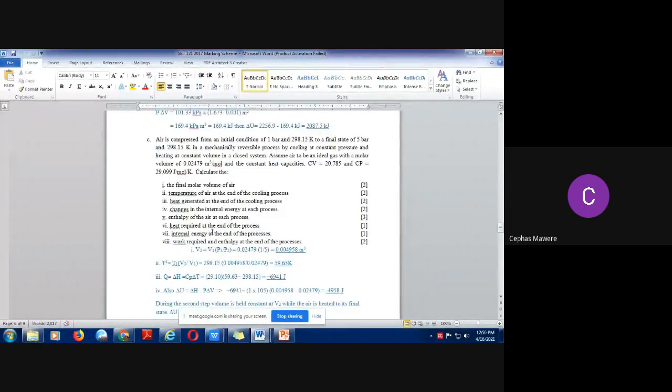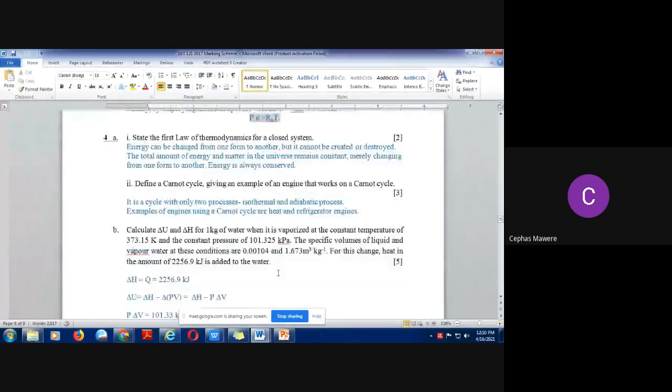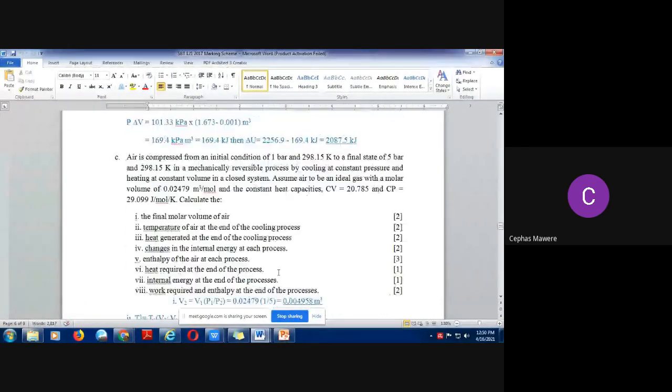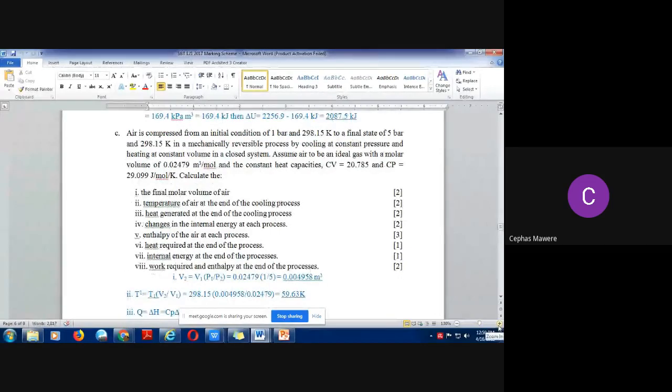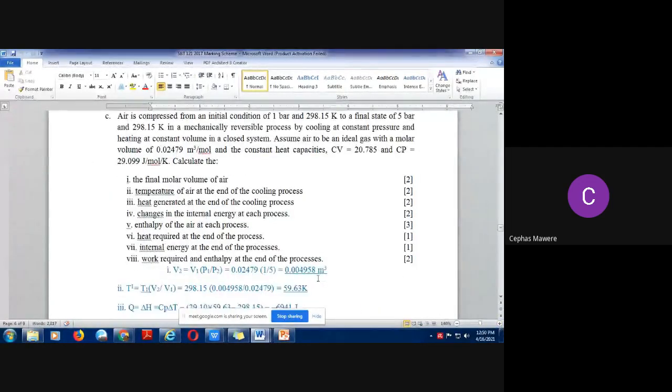So you may come across a question like this, saying A is compressed from an initial condition of 1 bar and 298.15 kelvins to a final state of 5 bar and 298.15 kelvins in a mechanically reversible process by cooling at constant pressure and heating at constant volume in a closed system.